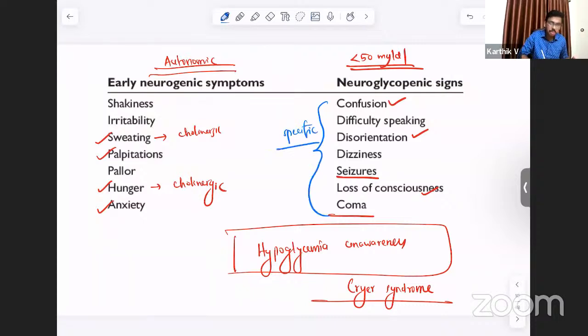If a patient reports loss of consciousness or seizures during such episodes, then the positive predictive value, or the likelihood of that episode being due to hypoglycemia, is very high. Whereas if the patient just reports palpitation, fatigue and irritability, then it could be due to umpteen causes, and that is not specific for hypoglycemia. So from history, you should specifically ask for the presence of any neuroglycopenic symptoms.